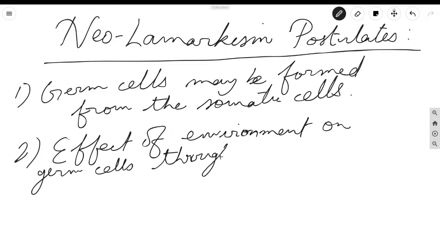That is the second postulate. Like it was found that a pale variety of moth, when fed on manganese-coated food, produced a true-breeding melanic variety of moth. Okay, that is the explanation for that.